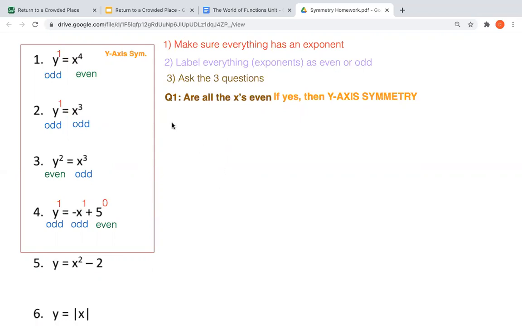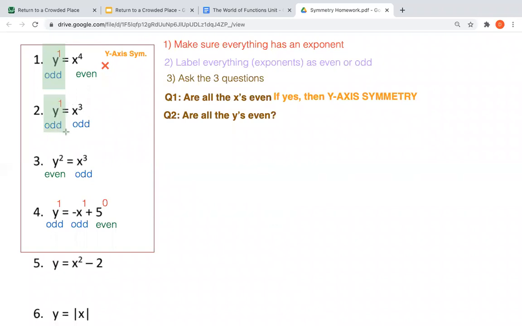Question 2. Are all the y's even? I'm going to go ahead and check that again. Number 1, y is odd, so failed.